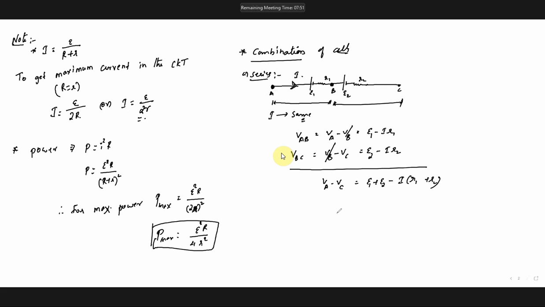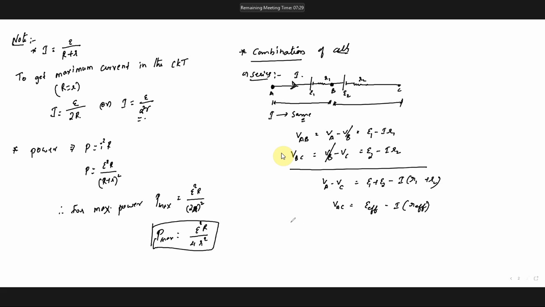This VA minus VC is VAC, the potential drop across the cells, which you can write as E effective. E1 plus E2 can be taken as E effective, minus I into R1 plus R2, which can be taken as R effective. Are you clear?